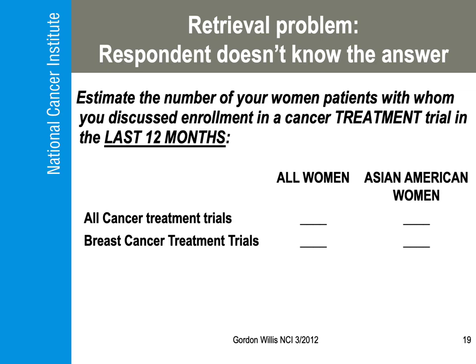This question, asking oncologists about enrollment in clinical trials, puts a very high burden on the respondent. The oncologist must be able to determine the number of women with whom he or she has had discussions regarding treatment trials, and to be totaled over the past 12 months, but separately for all cancer treatment trials and for breast cancer treatment trials, and also for all women, but also only for Asian American women.